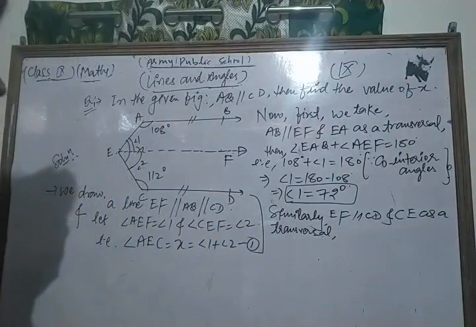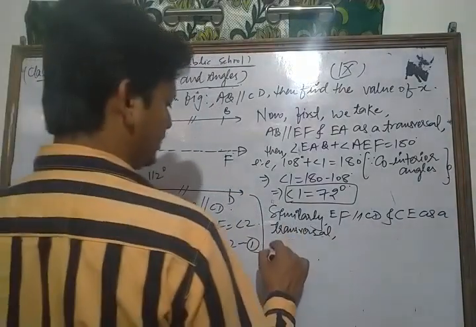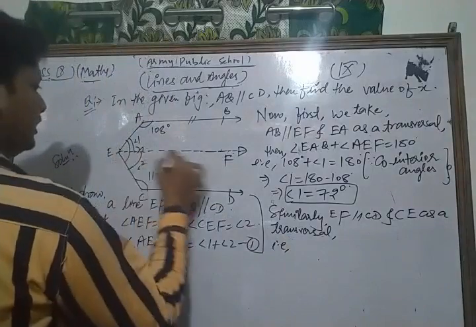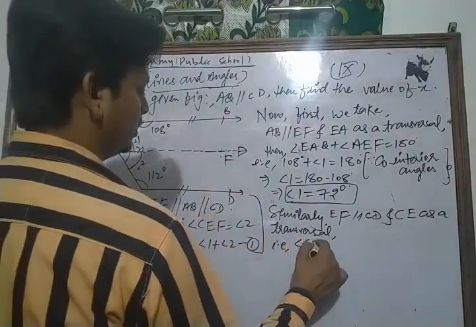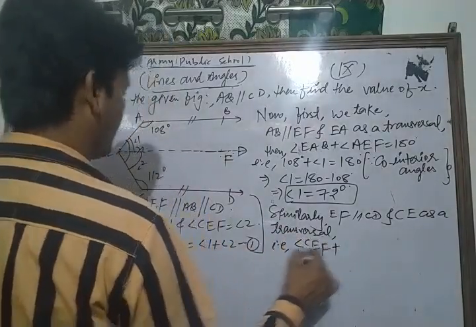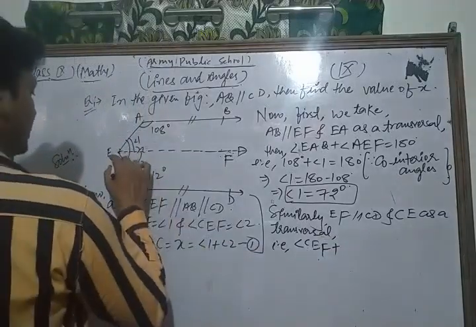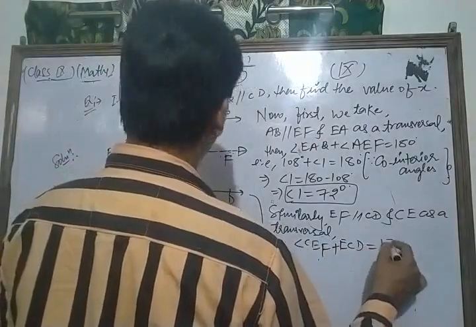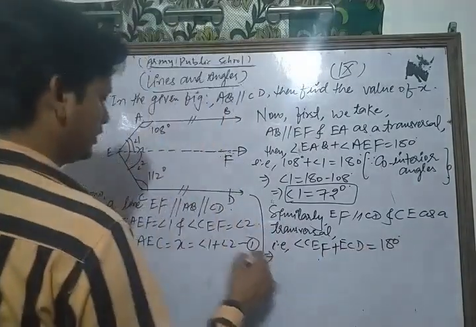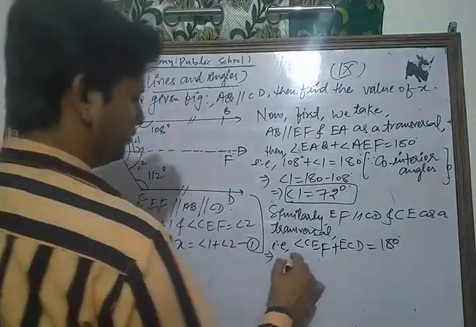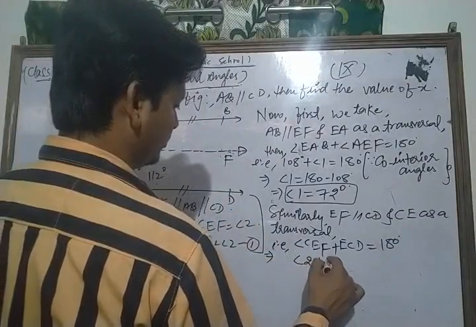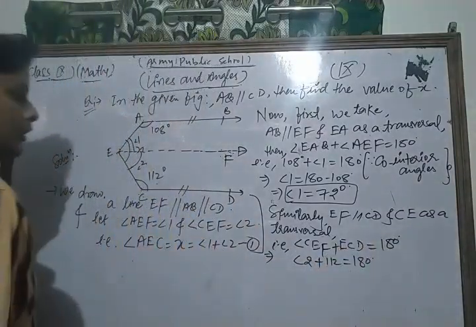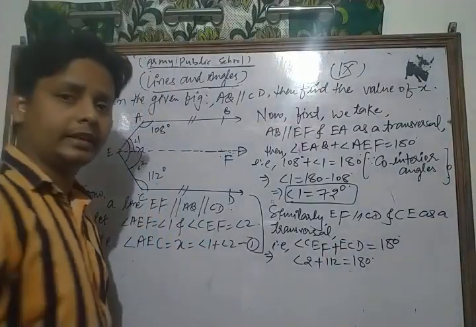That is, angle CEF plus angle ECD is equal to 180. That is, angle 2 plus 112 is equal to 180 degree, because they also form co-interior angles.